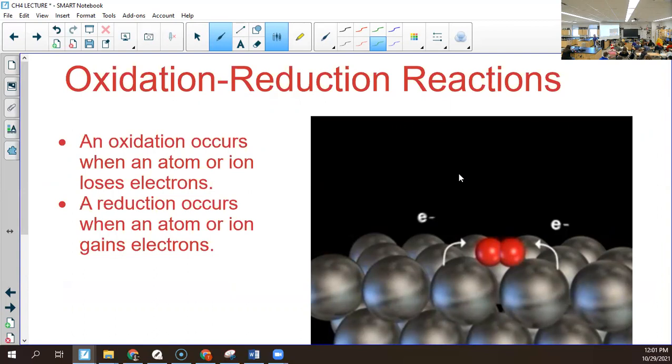When there's an exchange in electrons, it is called an oxidation or reduction reaction, or both, we call a redox reaction. An oxidation occurs when an atom or ion loses electrons. A reduction occurs when an atom or ion gains electrons.